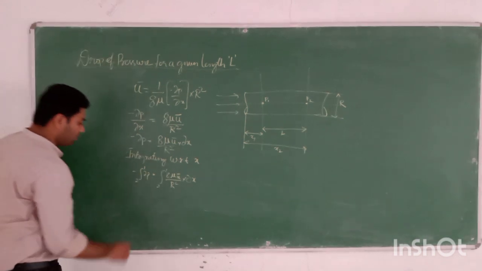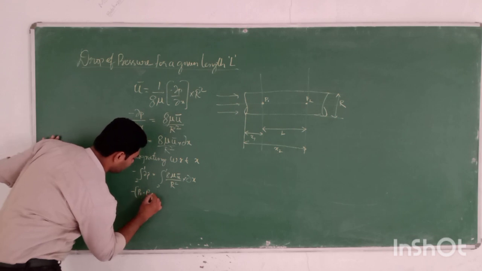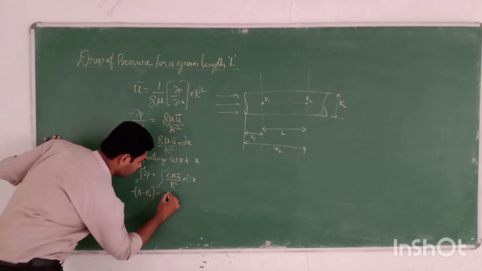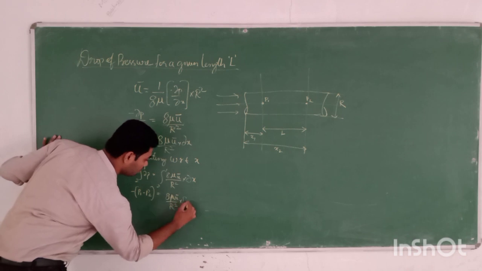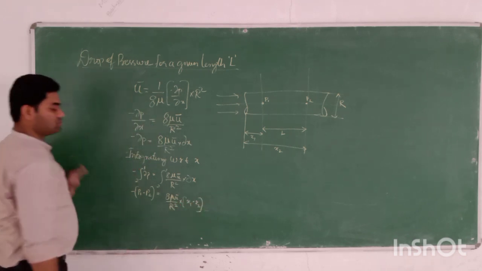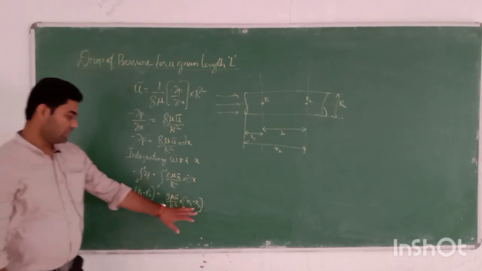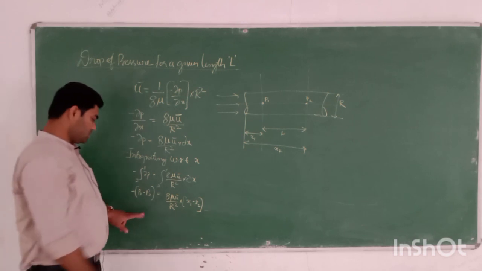On integrating, minus (p1 minus p2) is 8 mu u bar by r square into (x1 minus x2).